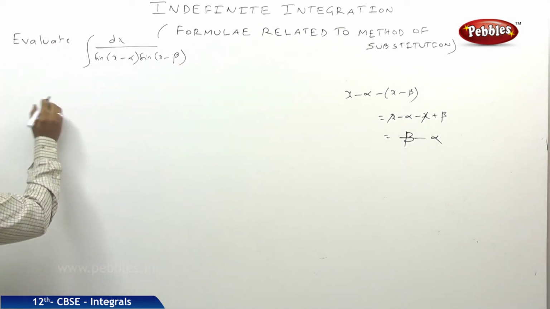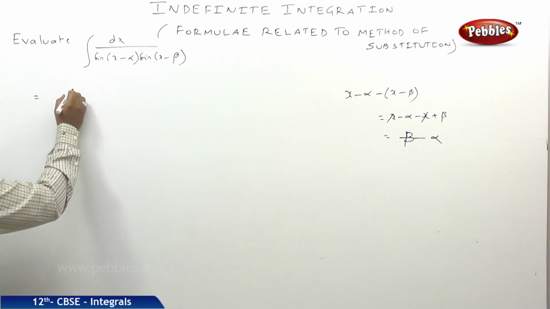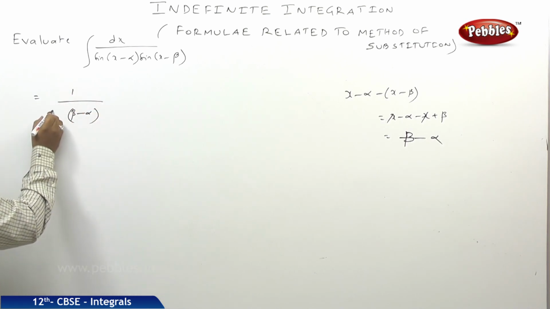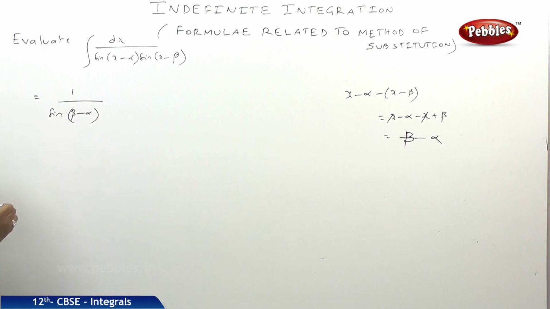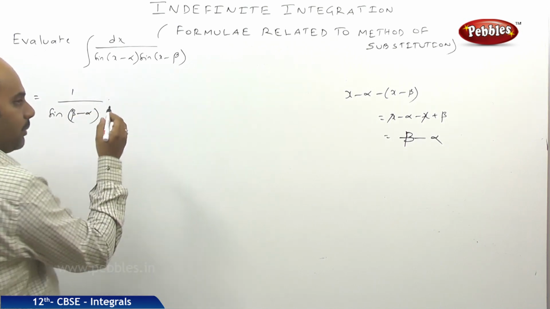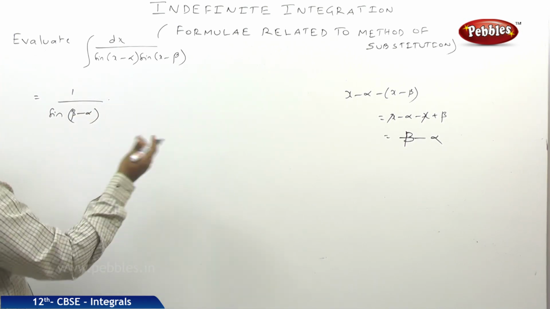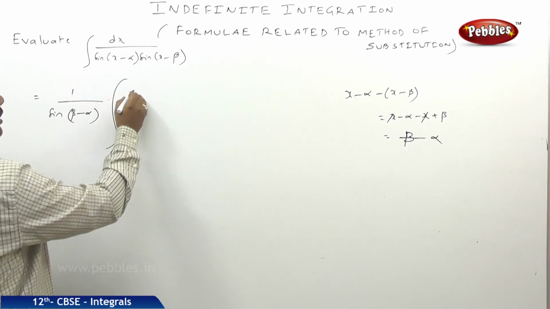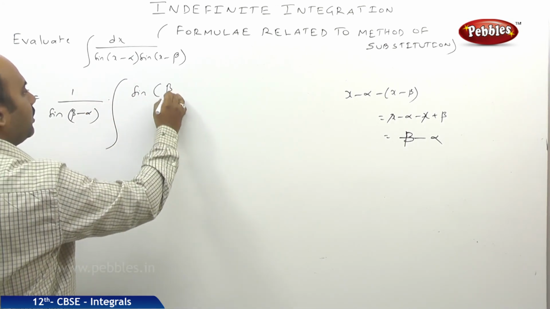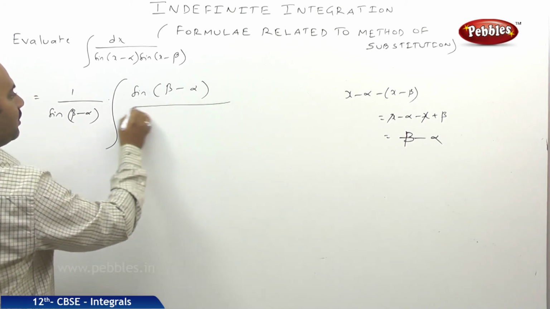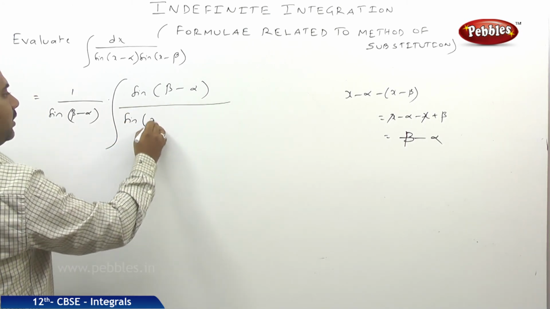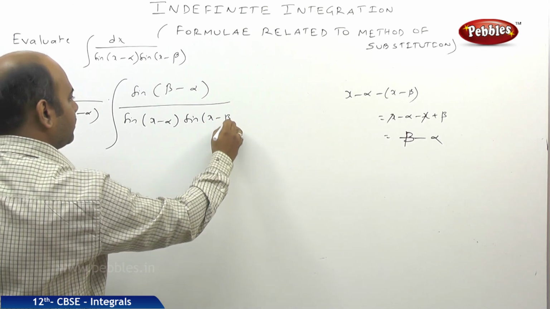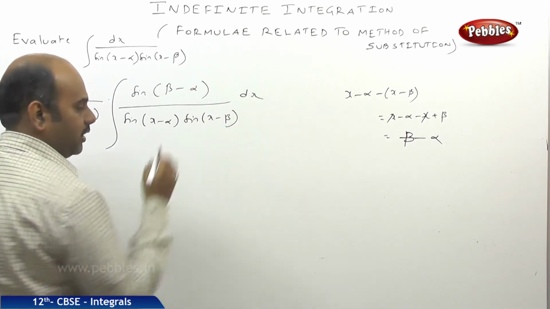So what I suggest is 1 upon beta minus alpha, and here the function given for us, sine of beta minus alpha. You add and subtract, so we get sine of beta minus alpha into the integral of sine of beta minus alpha whole divided by sine of x minus alpha into sine of x minus beta, and here dx.